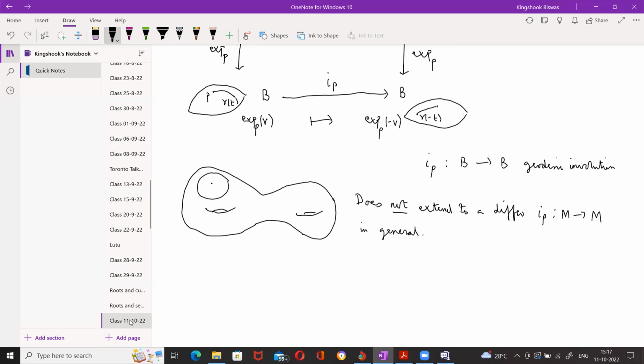Can you see that in this picture? If I try to grow this ball, I'll run into problems. After some point, it's no longer a ball, and it won't be well defined.